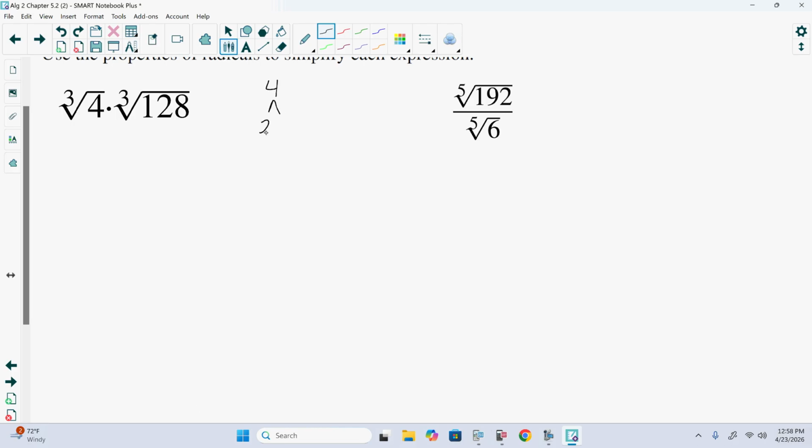Because 4 is nice, it's just 2 times 2. 128 is 2 times 64, which is 2 times 32, which is 2 times 16, which is 2 times 8, which is 2 times 4, which is 2 times 2, 1, 2, 3, 4, 5, 6, 7.